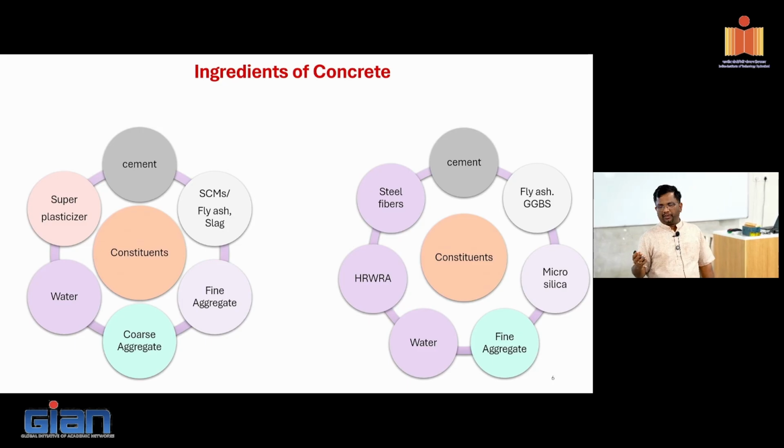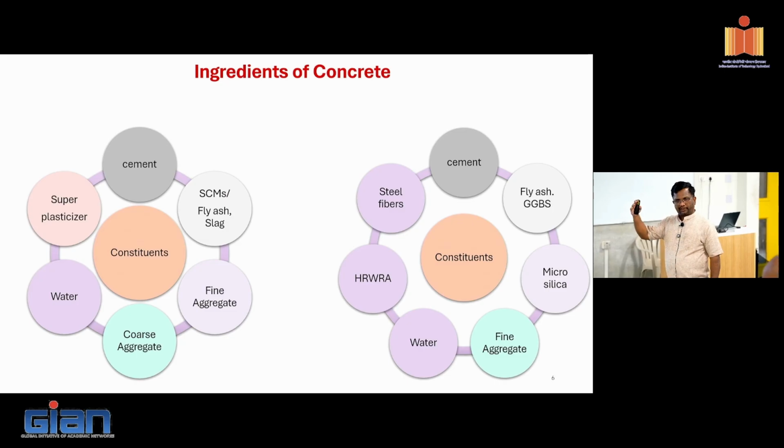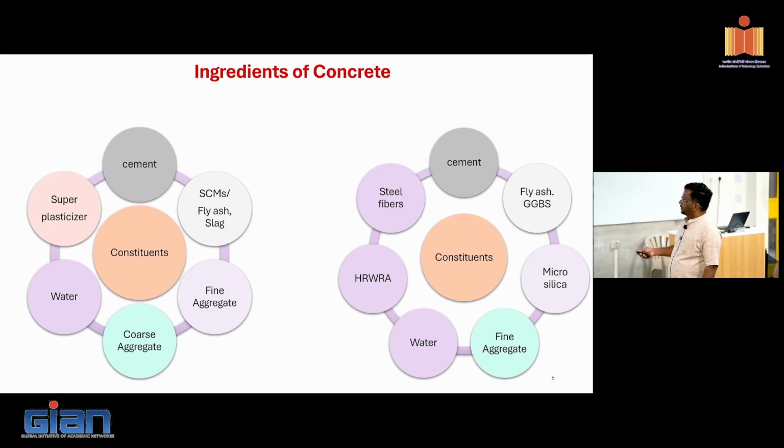So you have an abundance of fly ash available, particularly in Asian countries. Of course, in the US and Europe, it is also available in large quantities. In fact, they don't know what to do with fly ash most of the time. Right? And then you have bottom ash also, fine aggregate, coarse aggregate, all those things.